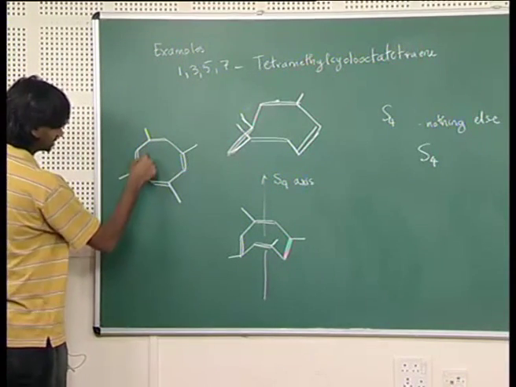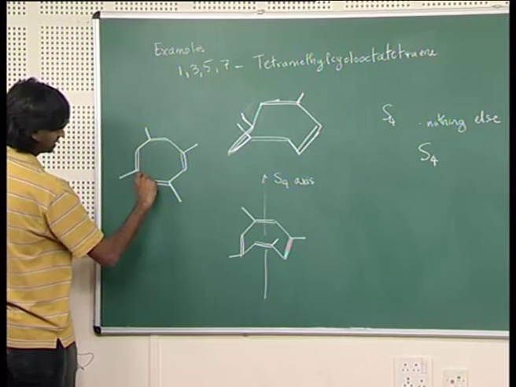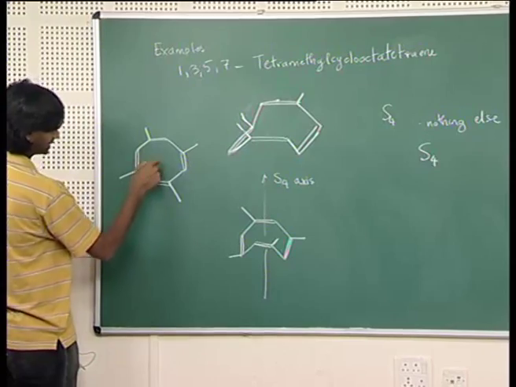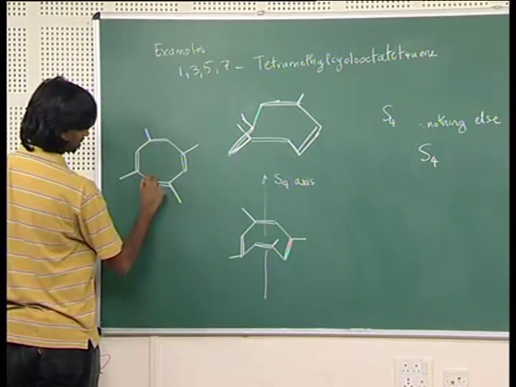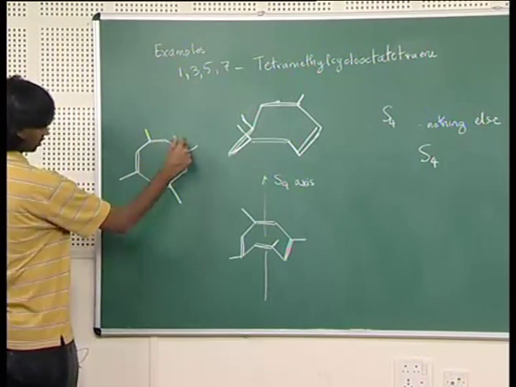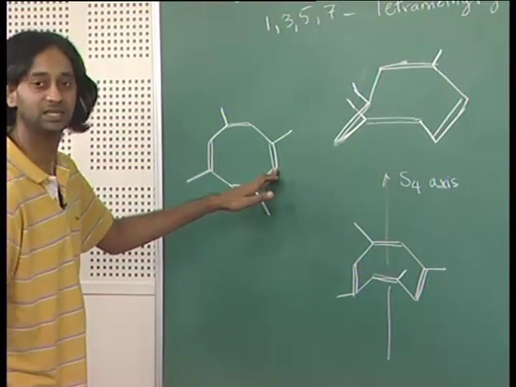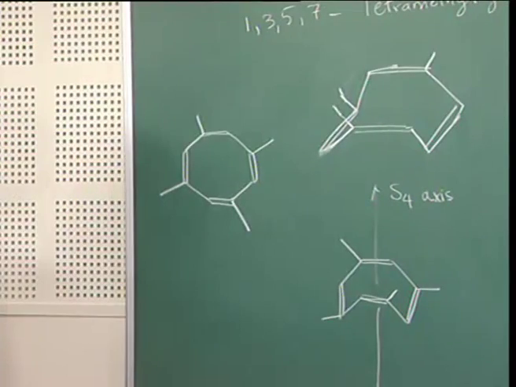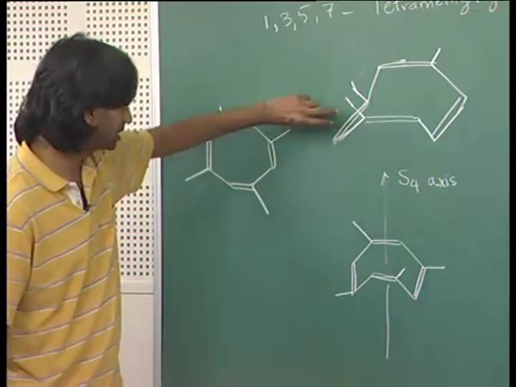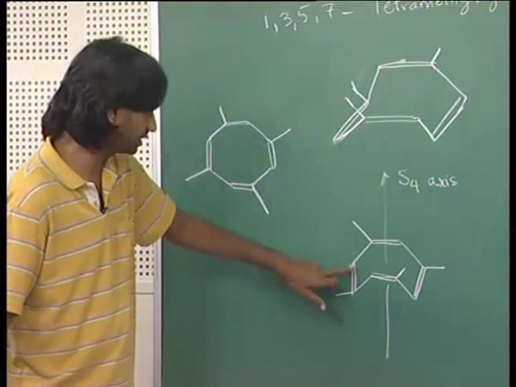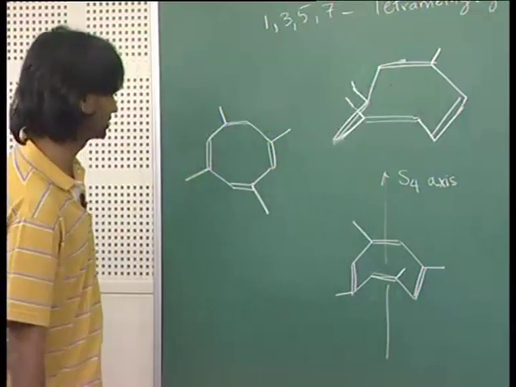If you rotate once, then basically this double bond will come here, and then you reflect it about a perpendicular plane. So, then this double bond will come here, and that will be completely symmetric with the original figure. Okay. So, this has an S4 symmetry about it, and you can see that by looking at this structure.